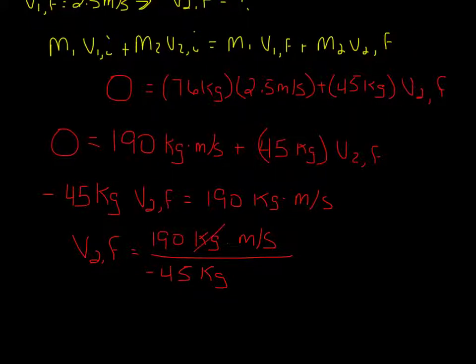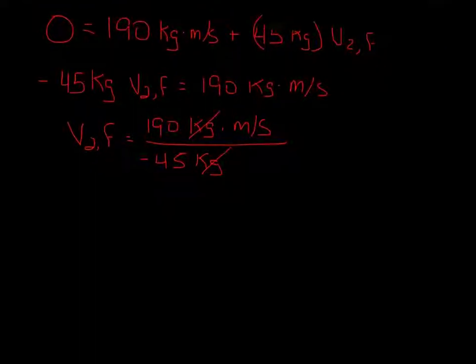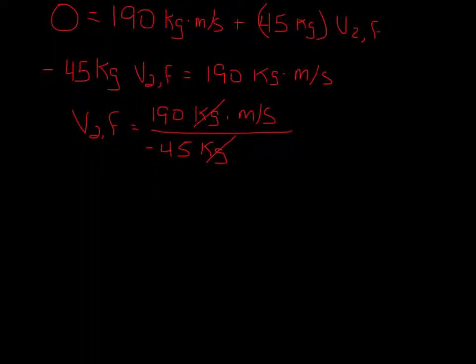Now my kilograms will cancel out, which is good because in a velocity I want to be in meters per second. So my final velocity of the boat now is going to be negative 4.2 meters per second.